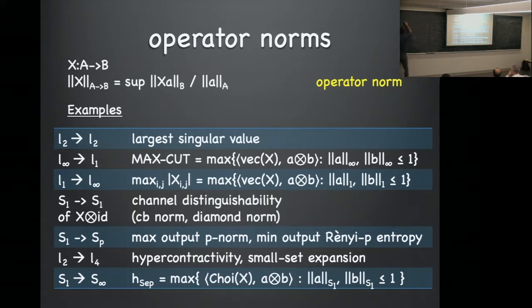So this is a maximum over alpha and beta, both like density matrices, with Schatten 1 norm at most 1, of trace of beta times X of alpha. This is linear in both alpha and beta, and I'm maximizing over something like the set of density matrices, although I don't require that they be positive semi-definite.